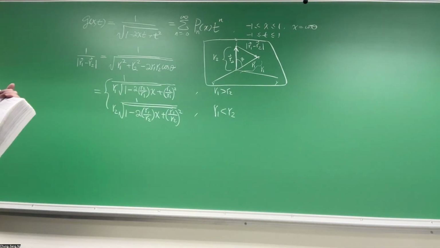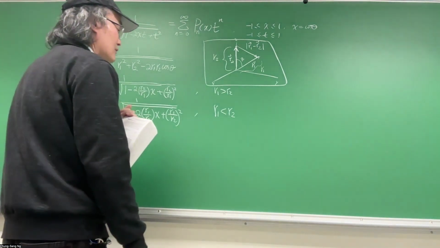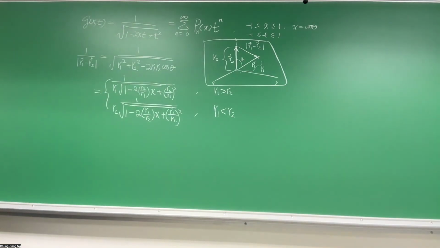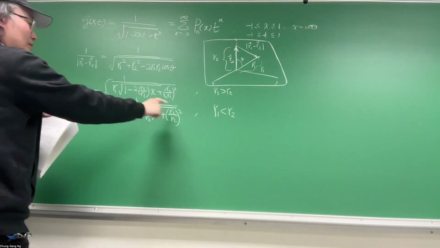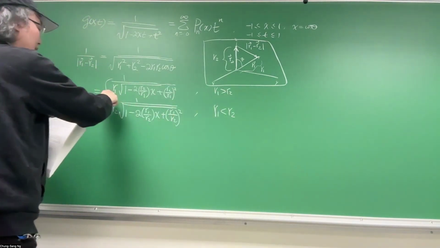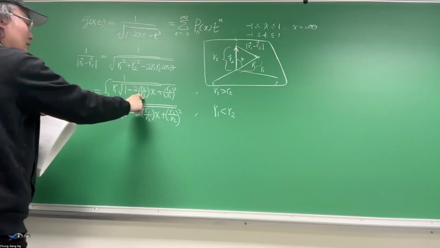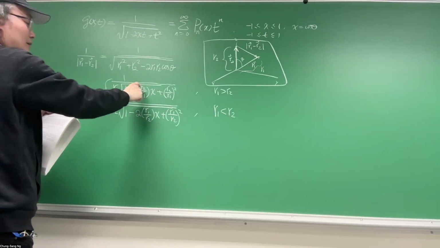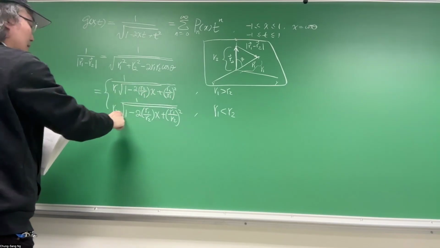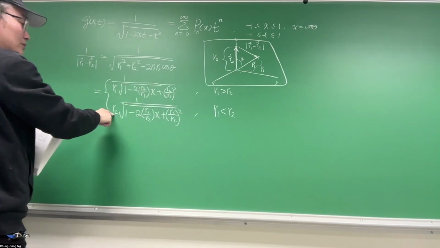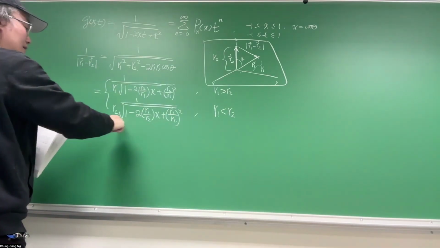Now you can combine the two and consider just the larger and smaller notation, because now R1 is the larger. Compare R1 and R2, R1 is the larger. And this quantity, what we call t in here, must be the smaller one divided by the larger one, right? Likewise, R2 is larger for the second line.